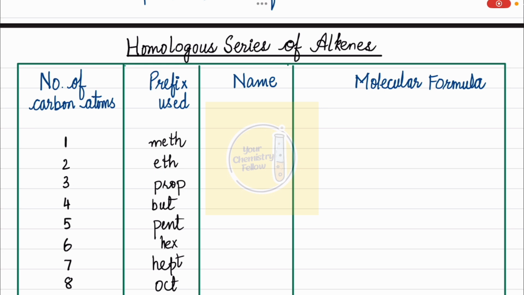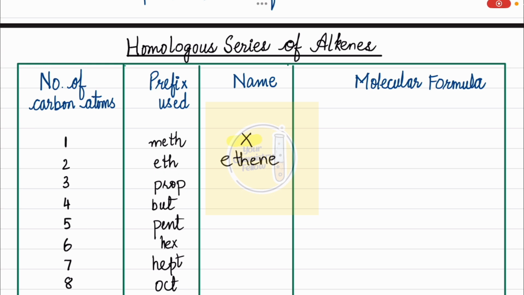For the formation of a carbon to carbon double covalent bond, a minimum of 2 carbon atoms are required. So, methane does not exist. Eth is the prefix used for 2 carbon atoms and all the alkene names end with ene. So, ethene is the first member of the alkenes homologous series.